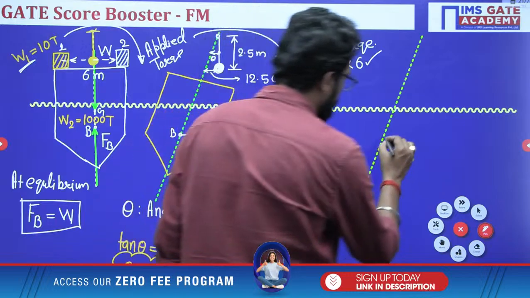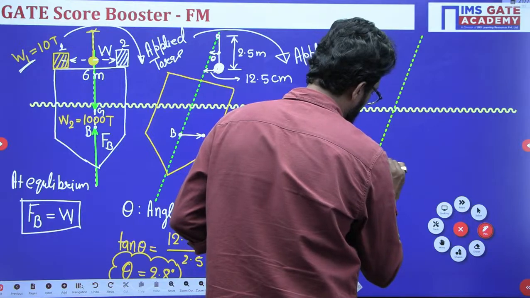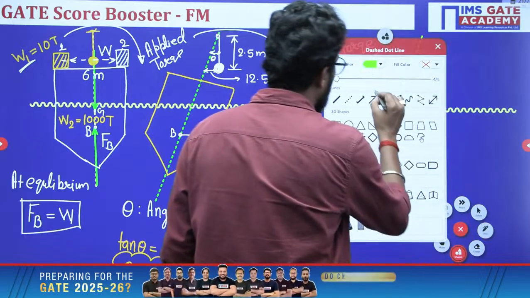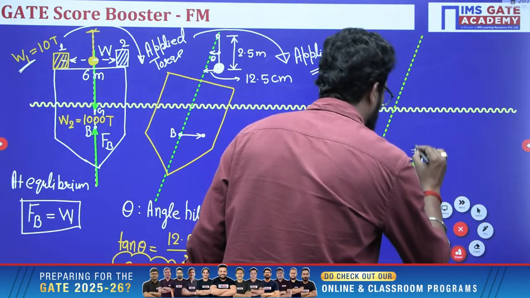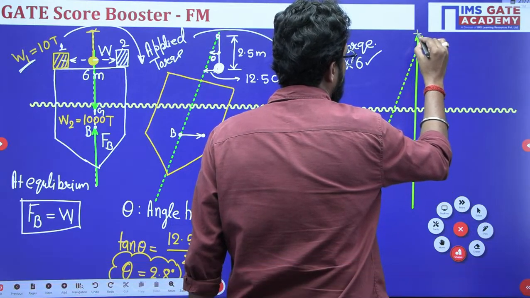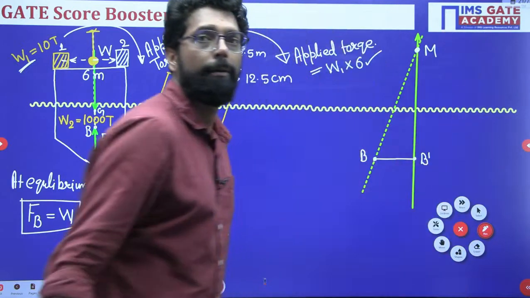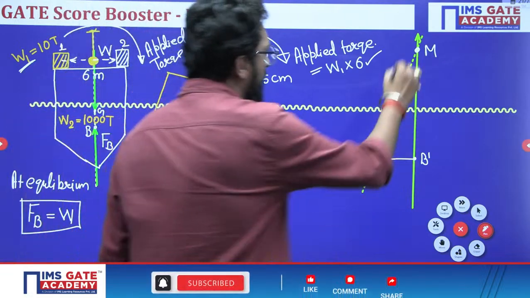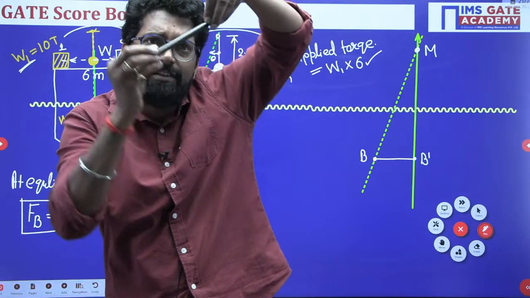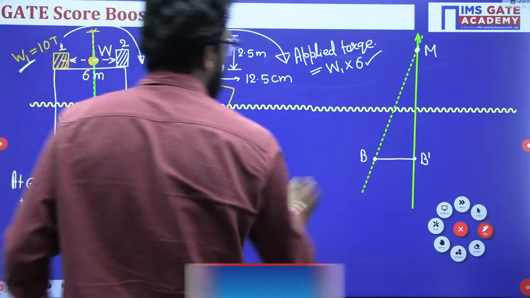Let's suppose there is an initial point B, and it will shift to B dash, from where the buoyancy force will pass and intersect this line of action after tilting. That is your metacenter. Through the metacenter, the ship will oscillate. So this is also angle theta.